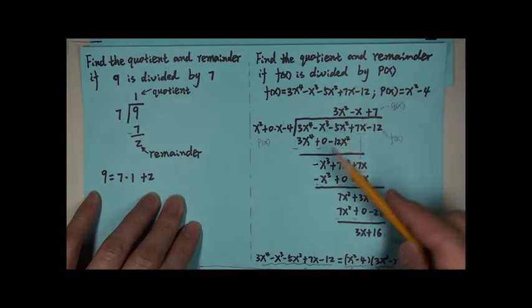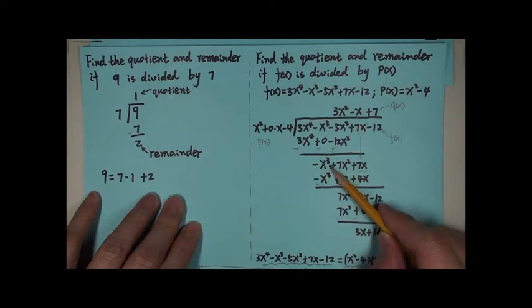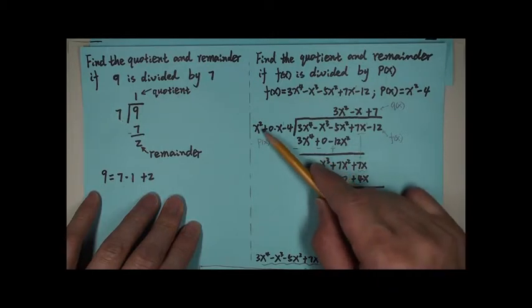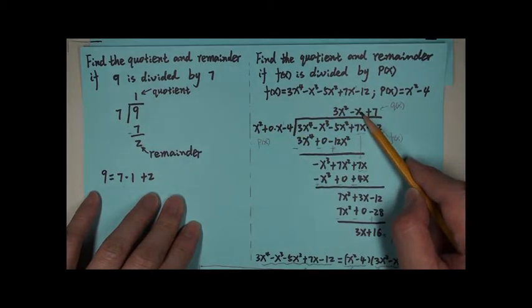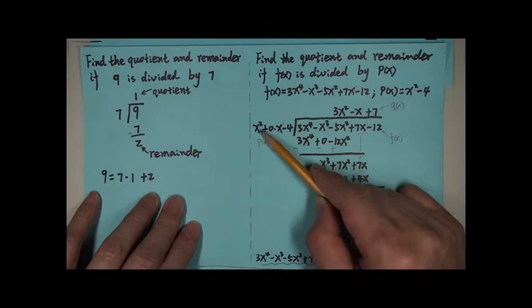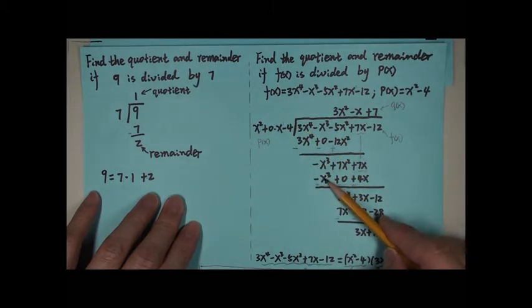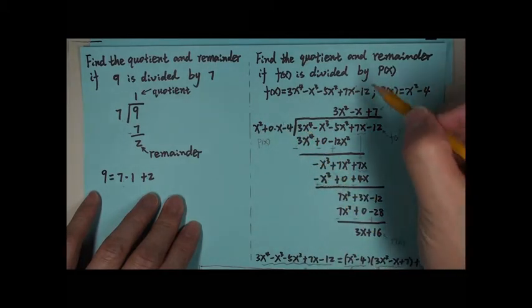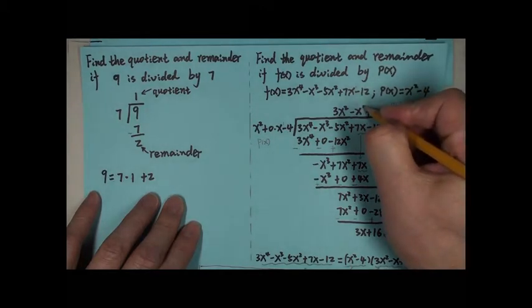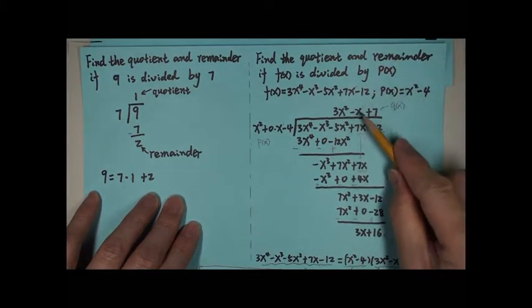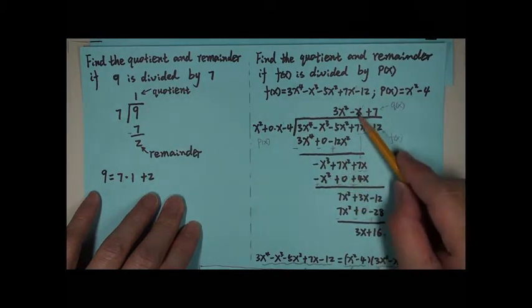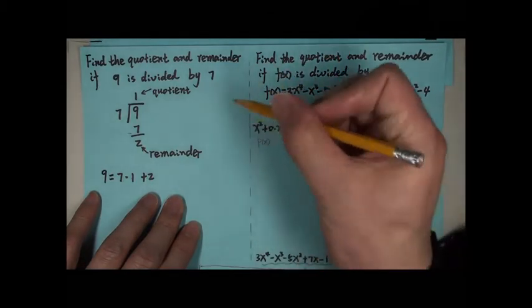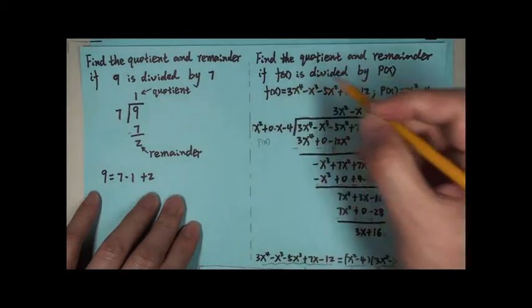Now our goal is to eliminate the highest term again. Here is x cubed, here is x squared. So if we have a negative x times x squared, we then get a negative x cubed. Again, it's because the exponent here is 1, and 1 plus 2 is 3.